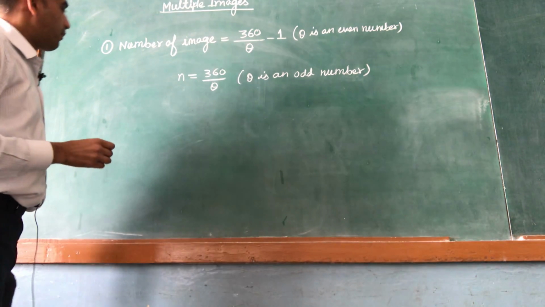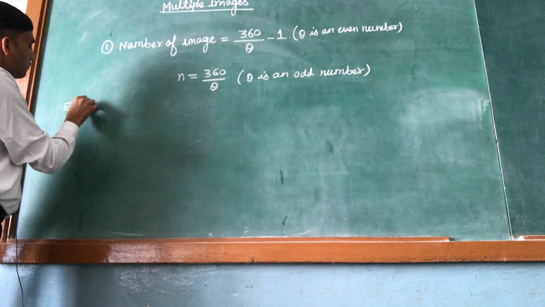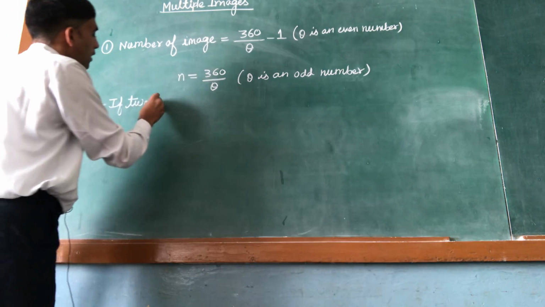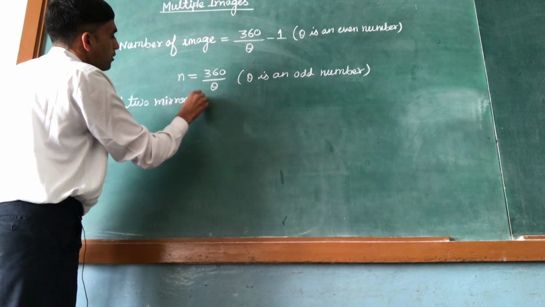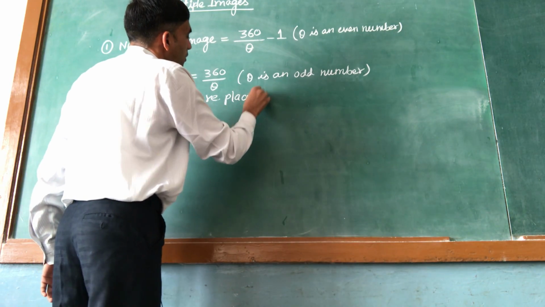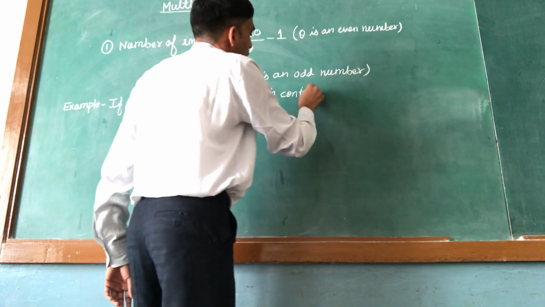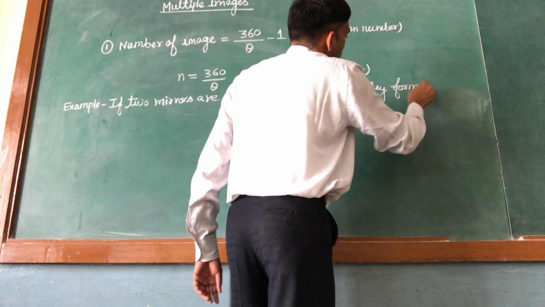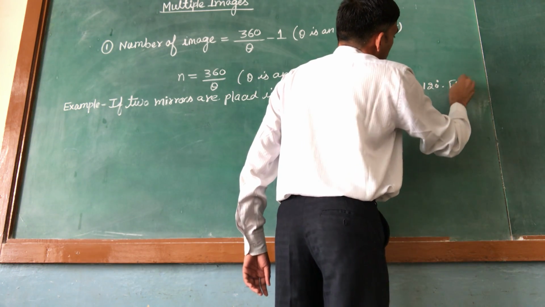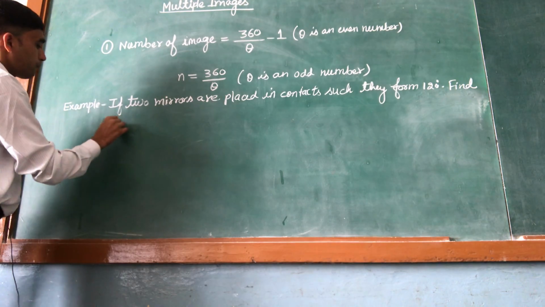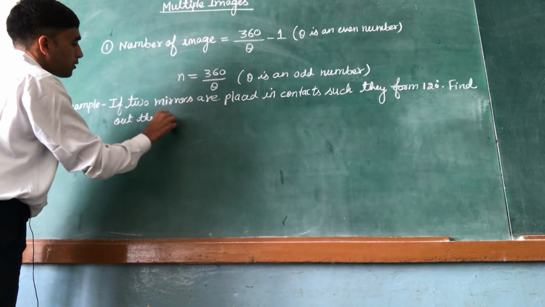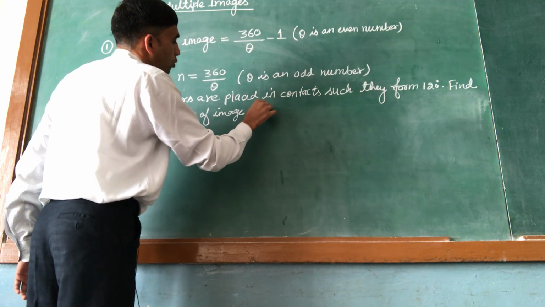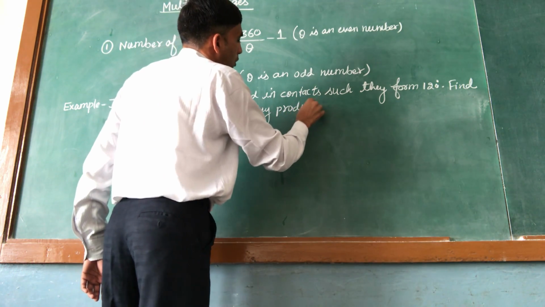We can take an example. If two mirrors are placed in contact such that they form a 120-degree angle, find out the number of images they produce or form.